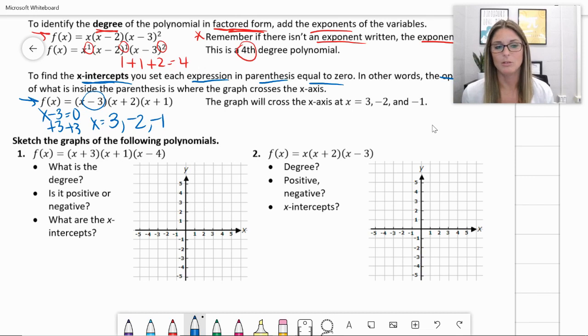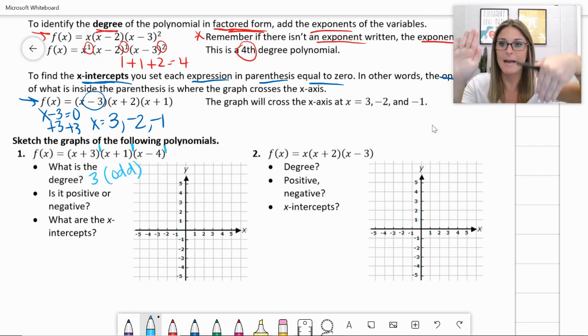F of x equals x plus 3 times x plus 1 times x minus 4. What is the degree? You would add up all your exponents. There are understood ones there, so we have a degree of 3. That tells me this is an odd polynomial. And from our table at the very beginning of the notes, my arrows should be going opposite ways for an odd polynomial.